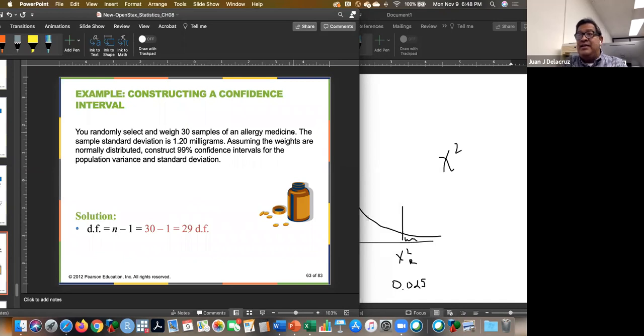So you are looking at allergy medicines, and you find 30 samples of that medicine. You know that the standard deviation of this is going to be 1.2 milligrams. Probably if you have the data of the 30 samples, the mean, you can find the standard deviation.